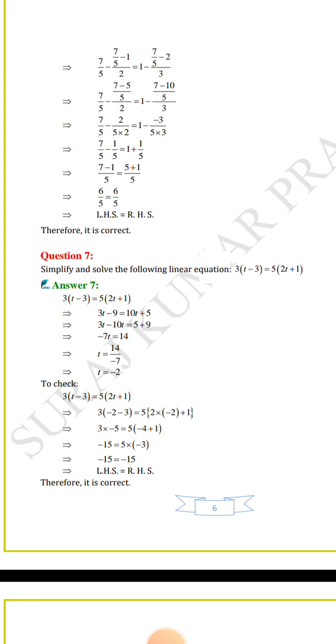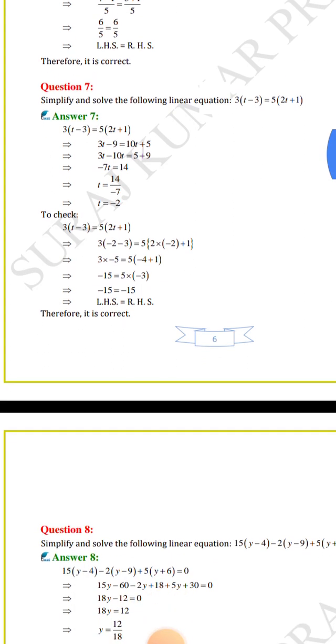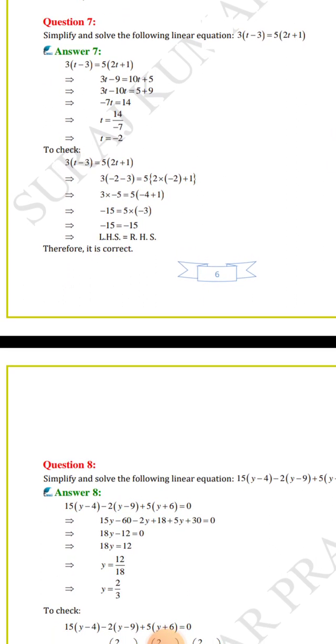Then we can get 7/5 minus 1/5 equals 1 plus 1/5. Then we can get (7 minus 1)/5 equals (5 plus 1)/5. Then we can get 6/5 equals 6/5. So we can conclude that LHS equals RHS. Therefore it is correct.